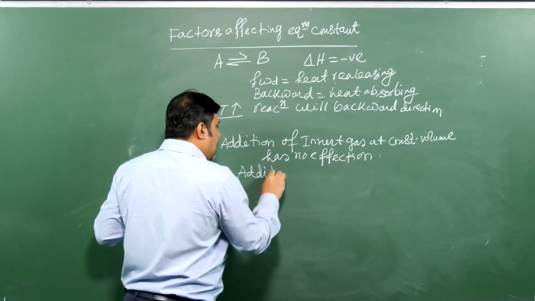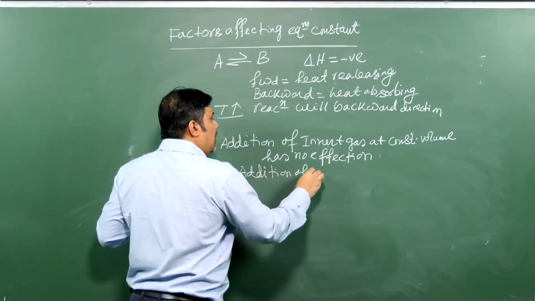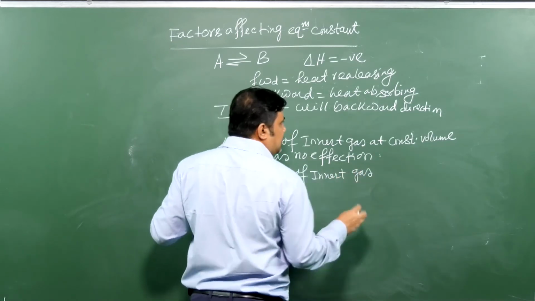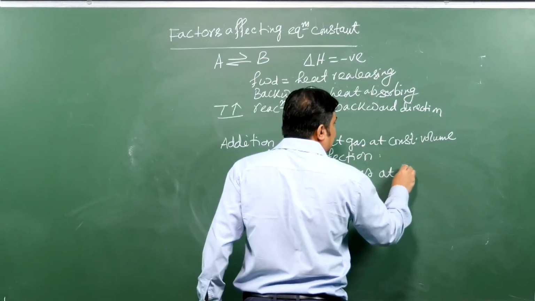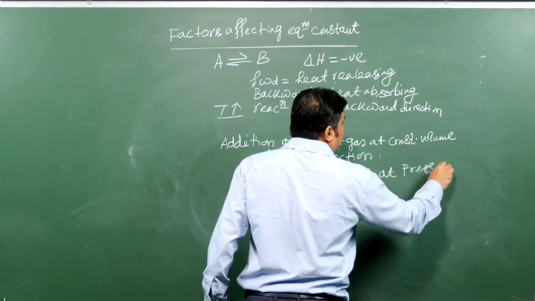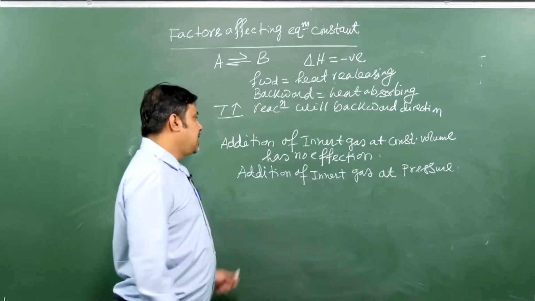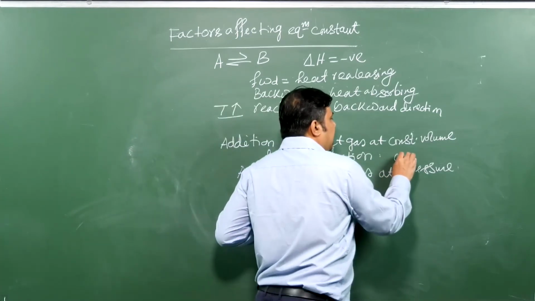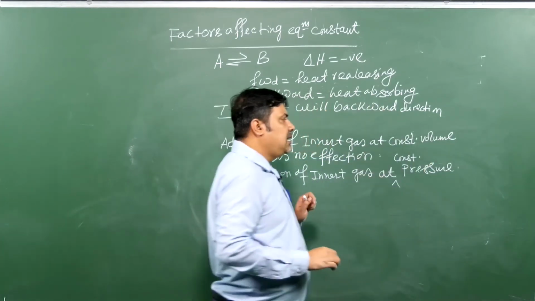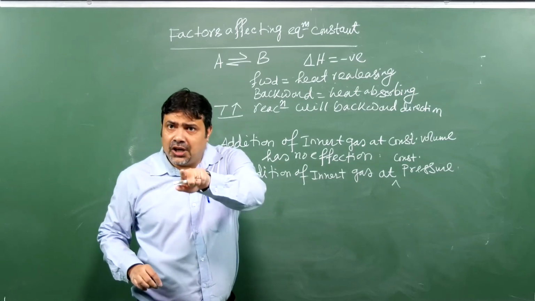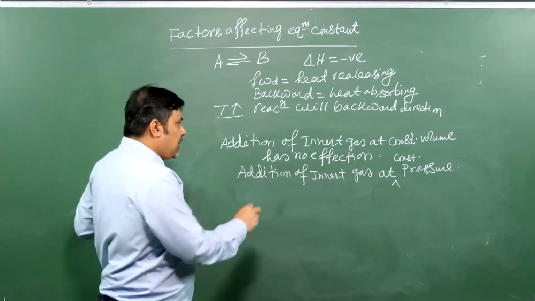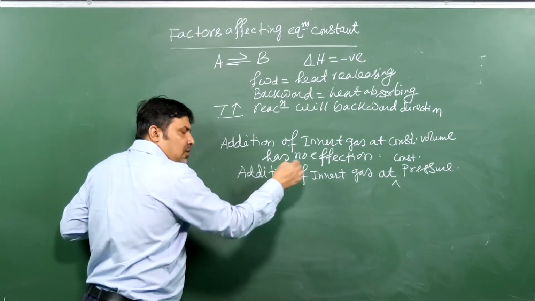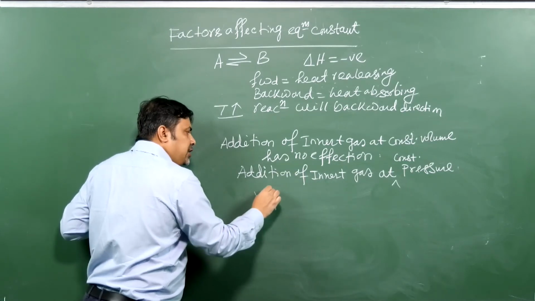But consider the addition of inert gas at constant pressure. At constant pressure, the pressure is constant but the volume is not constant. When you add the inert gas at constant pressure, the volume will increase.